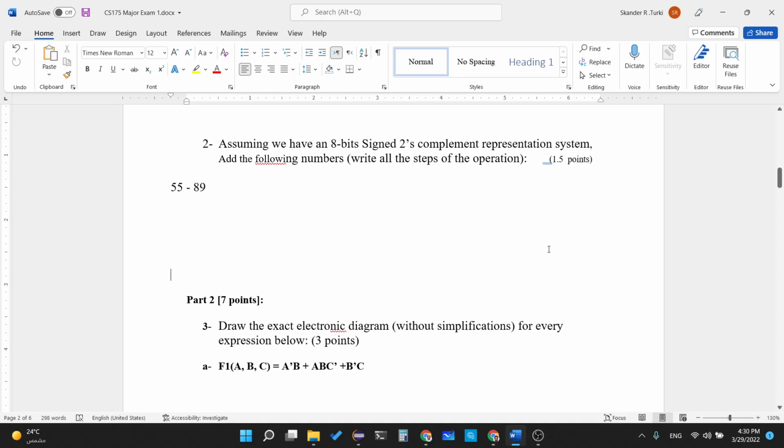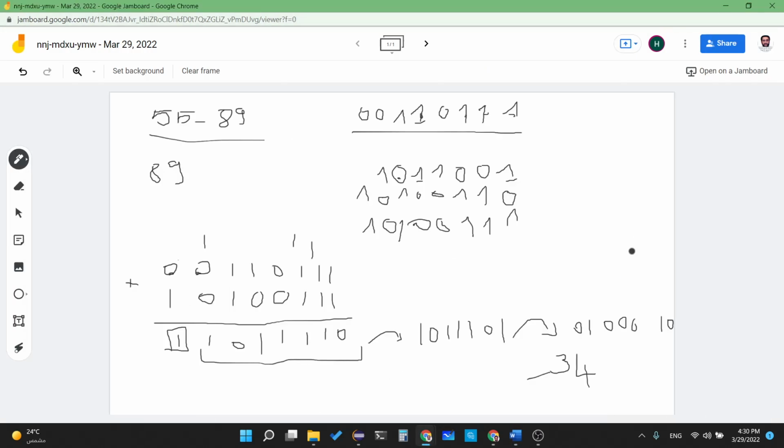Yes. Here this is the 2's complement representation. To make sure that this result is correct, I need to convert back from the 2's complement representation to the normal representation that we can use to go back to the decimal system.